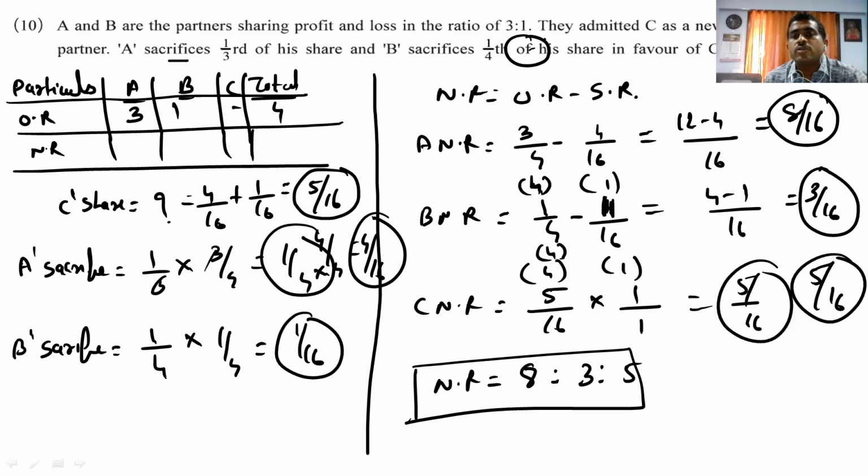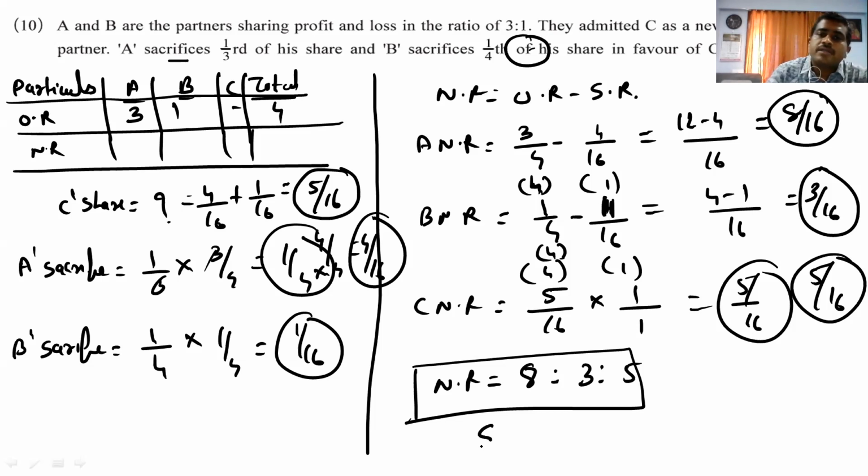B's new ratio is also the same, 4 minus 1 upon 16, 3 by 16. C's new ratio, 5 by 16 into 1 by 1, 5 by 16. So the new ratio comes to us 8 is to 3 is to 5.